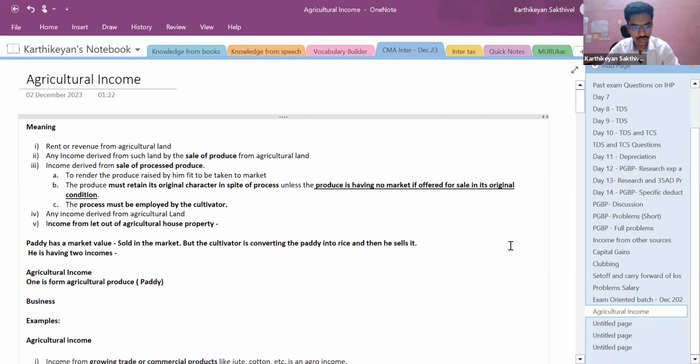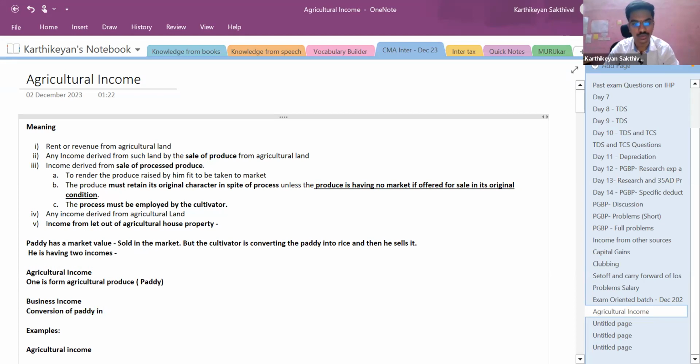Next one is business income, which is conversion of paddy into rice and sale of rice. Correct. So here he is having two incomes.